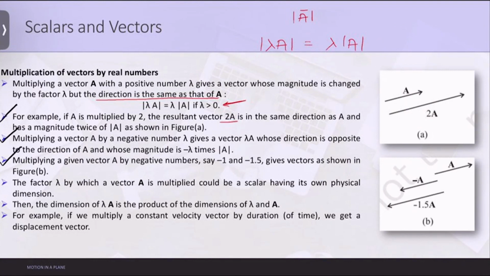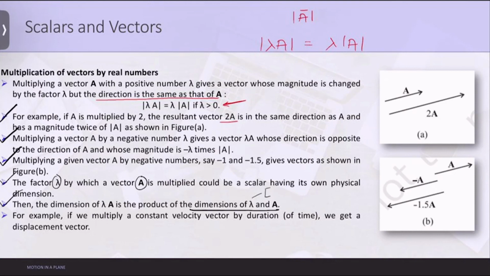The factor lambda by which vector a is multiplied could be a scalar. So this could be a scalar having its own physical dimension. The dimension can be anything, as long as that multiplication has some meaning. Then the dimension of lambda a is the product of the dimension of lambda and the dimension of a.